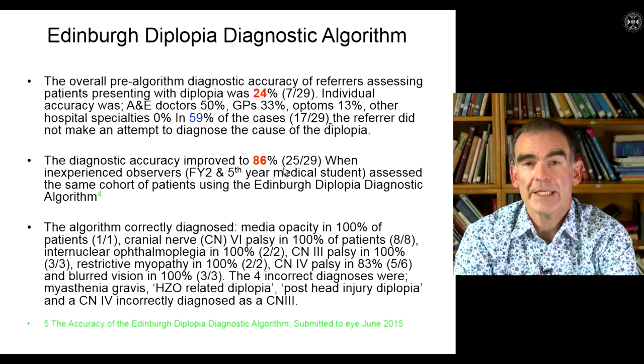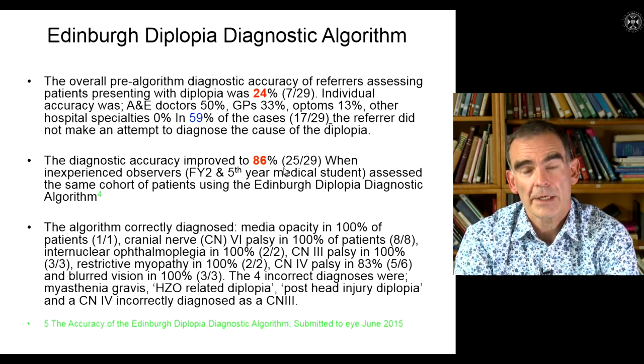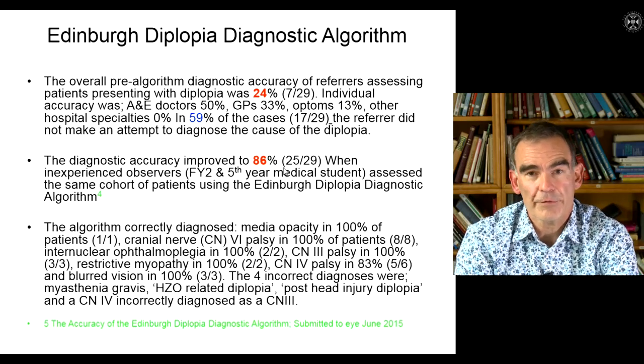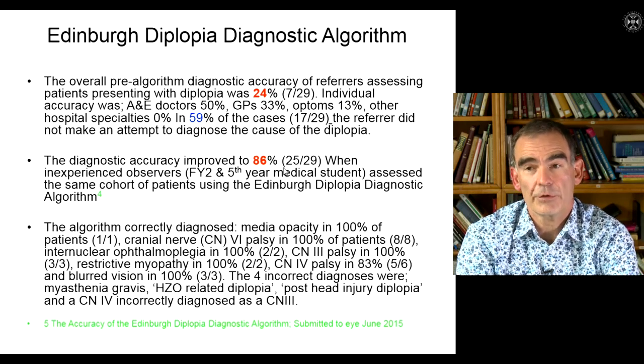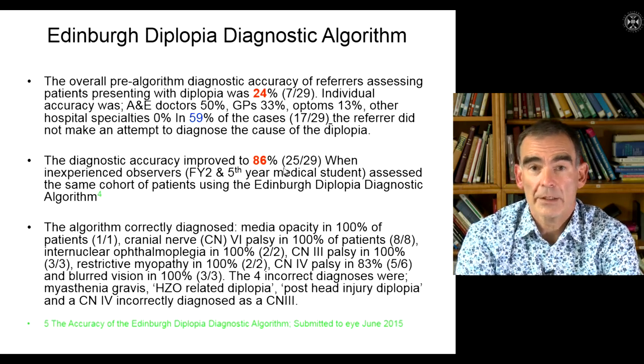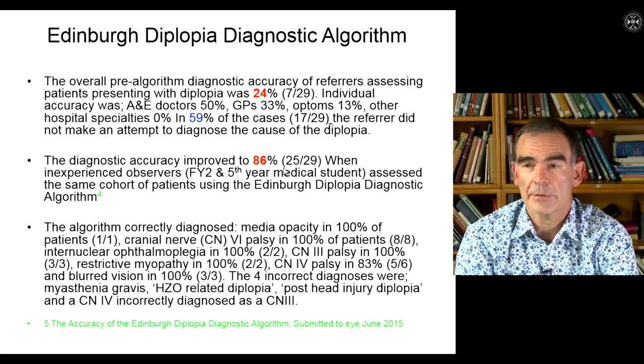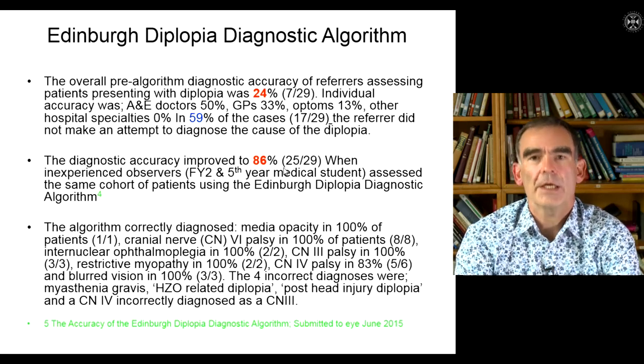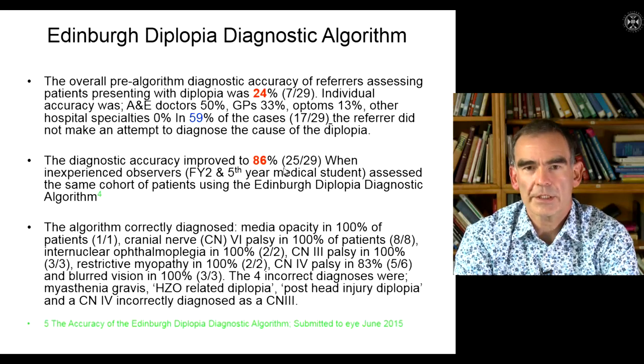For instance, the post-head injury double vision, the algorithm recorded that as a fourth nerve palsy. And in all honesty, that was probably the correct diagnosis. As often in closed head injuries, a fourth nerve palsy is the most likely thing. And often, as happened with this patient, their double vision got better. But because even though it was a consultant that wasn't an expert in squint made that diagnosis, we had it down as a wrong one.